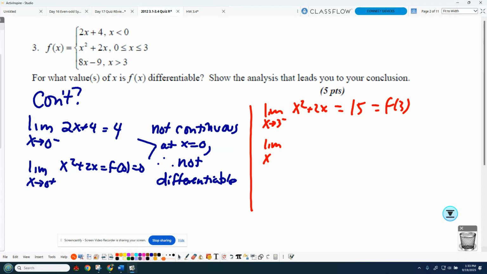The limit from the left of 3 and the function at 3 is 15. From the right, 24 minus 9. Okay, it's continuous. Does that mean it's differentiable? Not necessarily, but it might be.